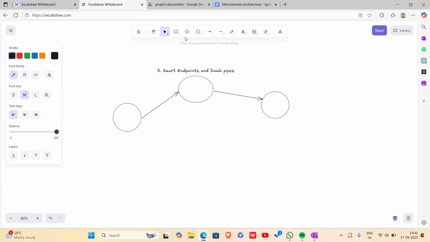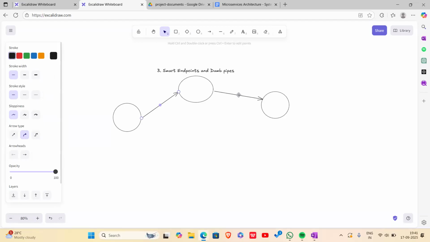Before microservices, there was SOA, service oriented architecture. In that, they had these things known as pipes.